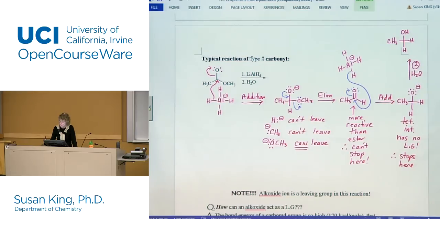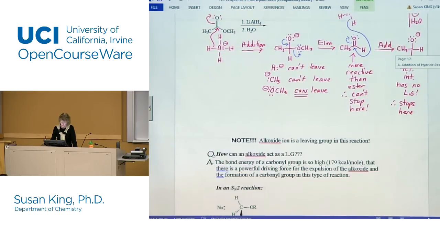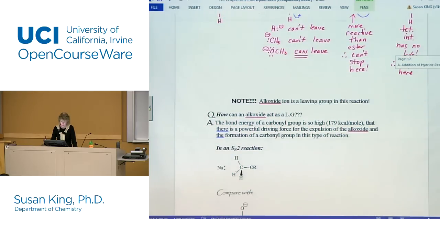All right, so you're very upset, I can see that, by the fact that we have alkoxide as a leaving group. Let's explain why we're allowed to do this in this case. We couldn't do it in an SN2, but we can do it here. Let's compare. In an SN2 reaction, so this again was chapter 7, nucleophile, we said this can't happen.